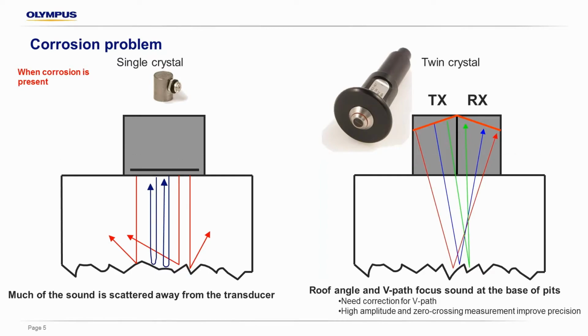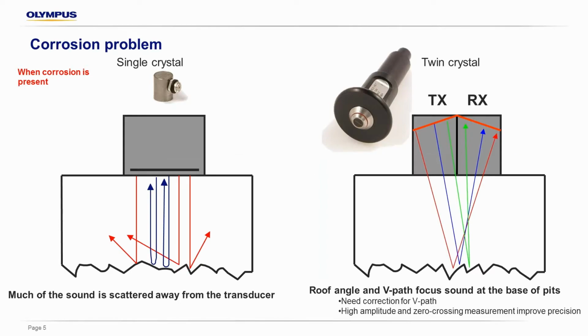The solution against this, and what has been used for a long while, is using twin crystal transducers. Twin crystal transducers usually incorporate two piezoelectric elements acoustically separated, one used as a transmitter, the other as a receiver, under a geometry forming a roof angle to generate a V-path shape, a V shape of the beam.